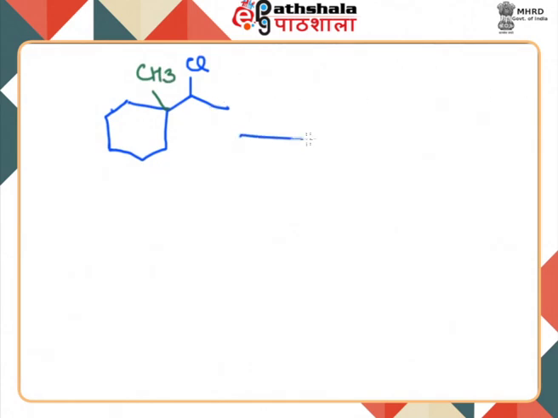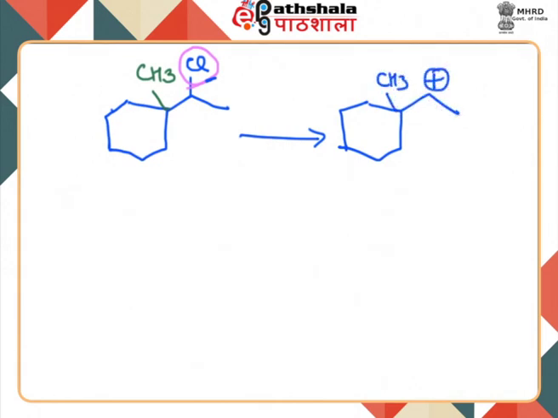Now as we subject it to SN1 hydrolysis, this Cl will be lost, and as a result we get this carbocation. And you can notice that this is a secondary carbocation that we have obtained.